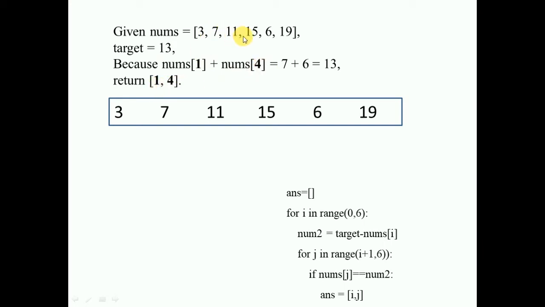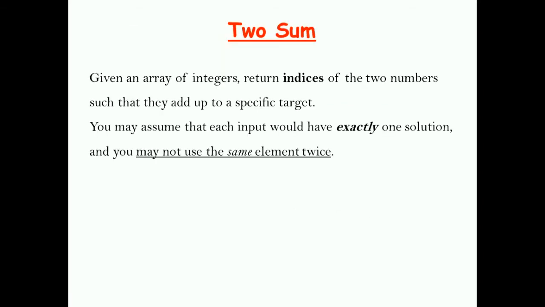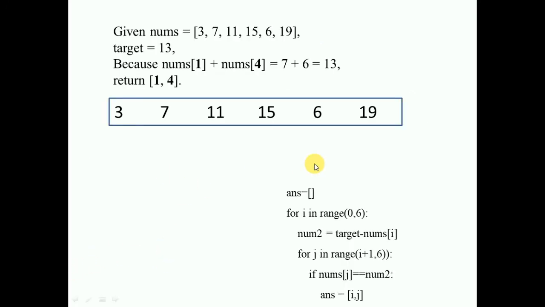There are no two other indices which can add up to 13. Is there any other two numbers which can add up to 13? No, there is no such element present. And there is one more thing they mention here, that is you may not use the same element twice. We cannot use this 7 twice, or we cannot use this 6 twice.